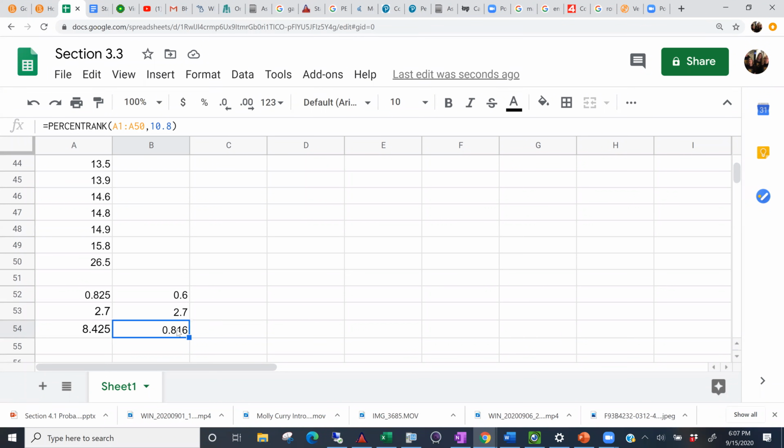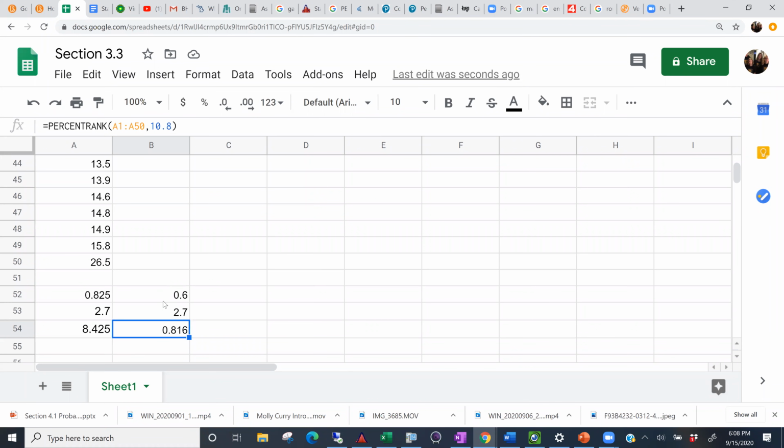This is separating the bottom about 81 or 82% of the data from the top 18 or 19% of the data. That's the interpretation with it. So if you got your score back from the GREs, you know, maybe you'd be happy to be closer to the top than you are to the bottom. So, but that's the interpretation of this. It's the 81.6th percentile is what that value would be.